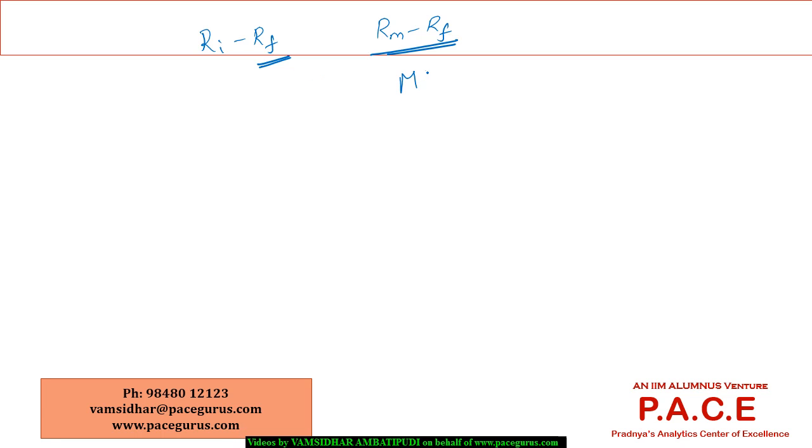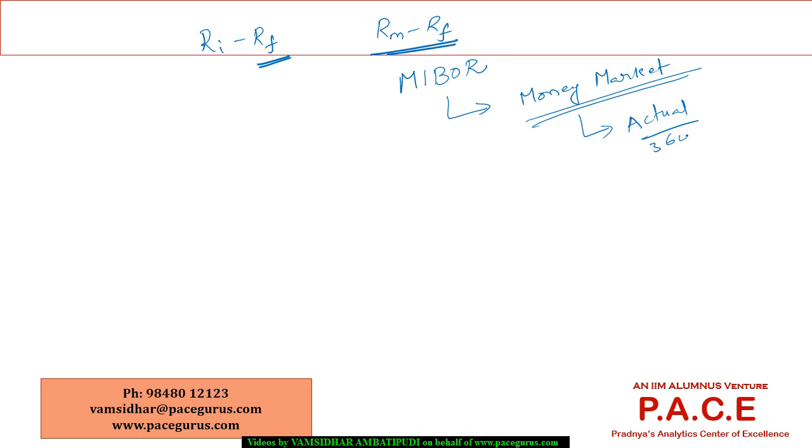And if you see, we have used MIBOR, and generally MIBOR is quoted on a money market basis. So the return I will not quote in the same way as I have quoted for the stocks. The money market basis is nothing but an actual by 360 kind of account. So it takes the number of days as 360, and the actual is the difference between the periods.